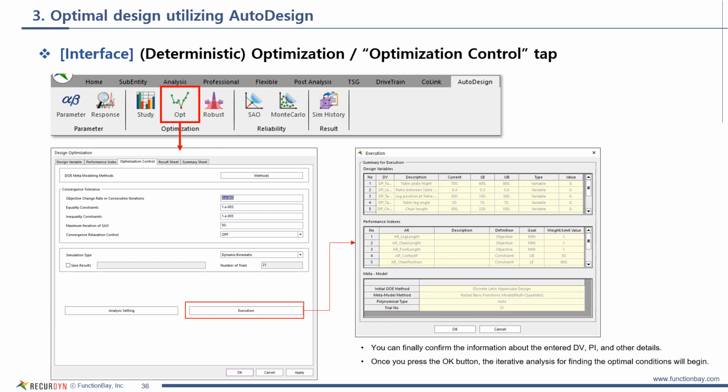Now that the setup is complete, click the Execution button. In the dialog box that appears, you can review the information you entered. After confirming that all the information is correct, click the OK button to start the iterative analysis for optimization.